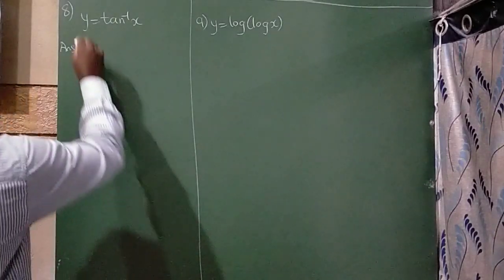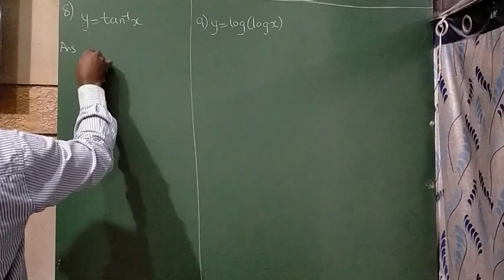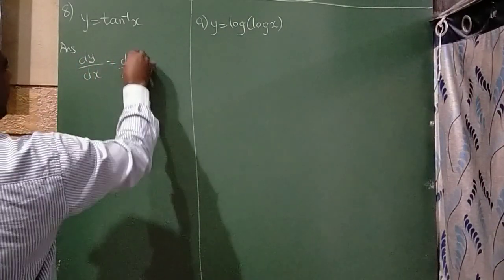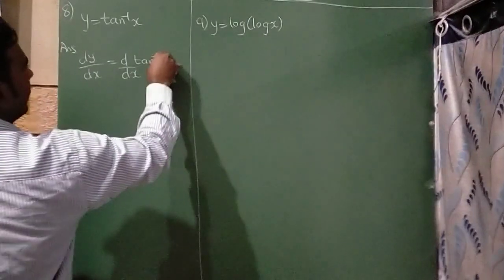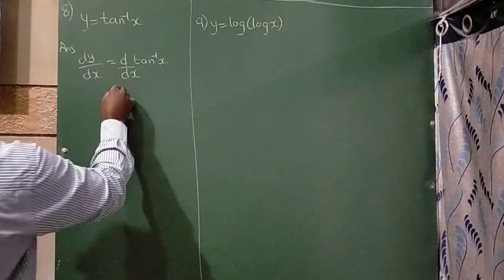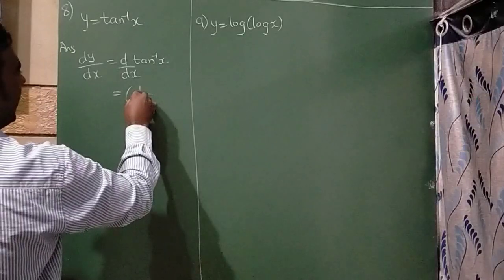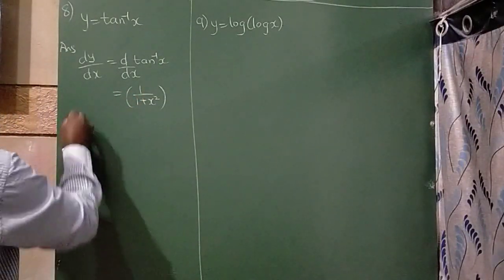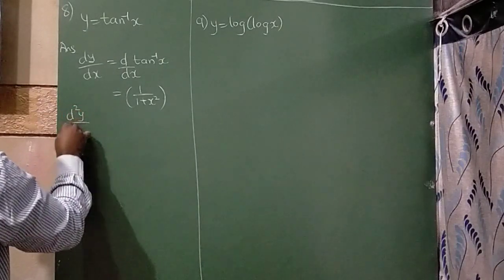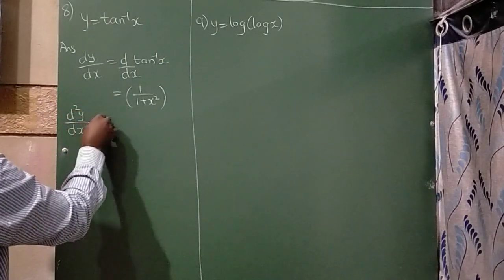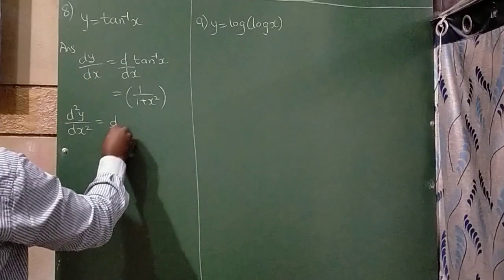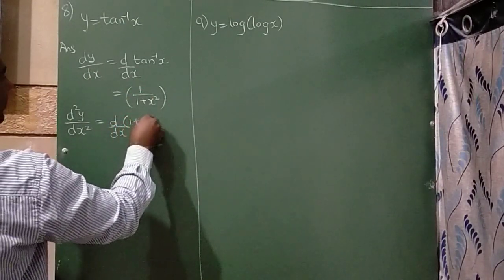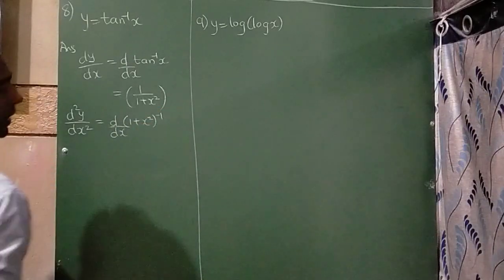Now eighth question is y is equal to tan inverse of x. So dy by dx is equal to d by dx of tan inverse of x. So that is 1 divided by 1 plus x square, is the formula. So again d square y upon dx square is equal to d by dx of, what I am going to do is I am going to take this on the numerator part, (1 plus x square) raised to minus 1.